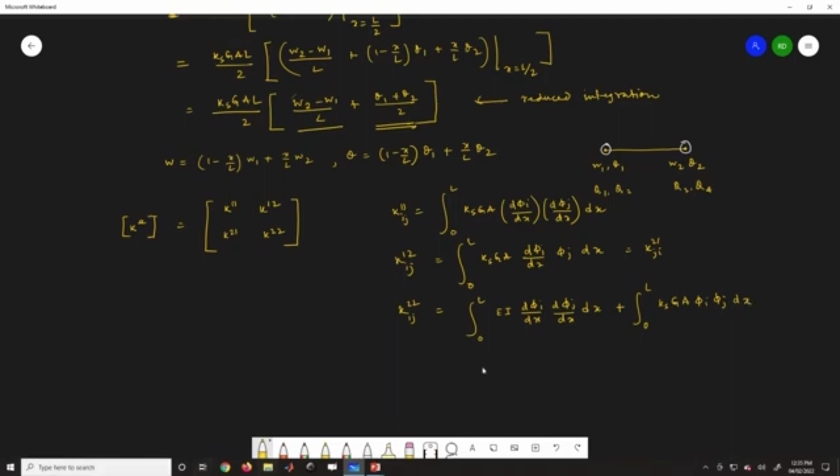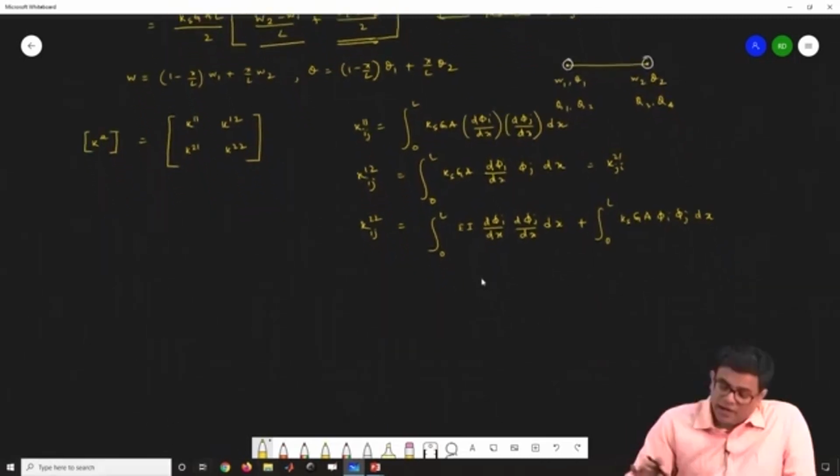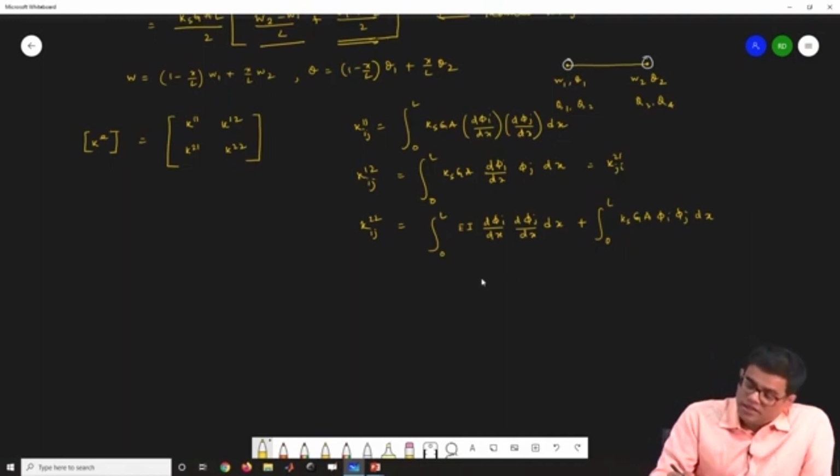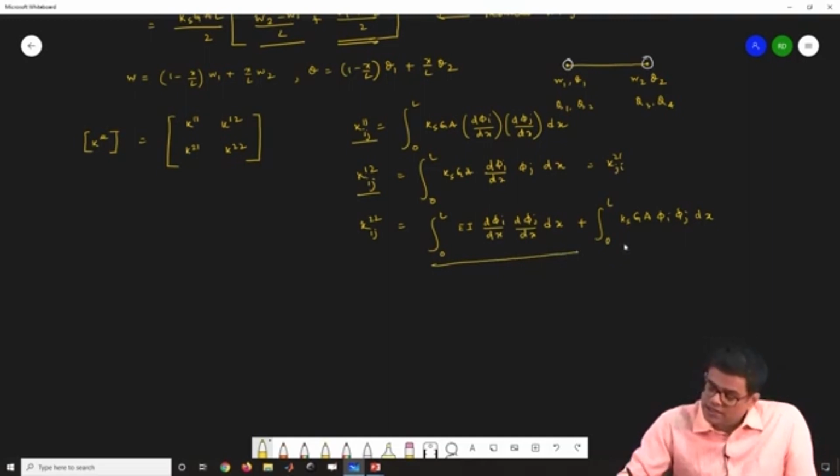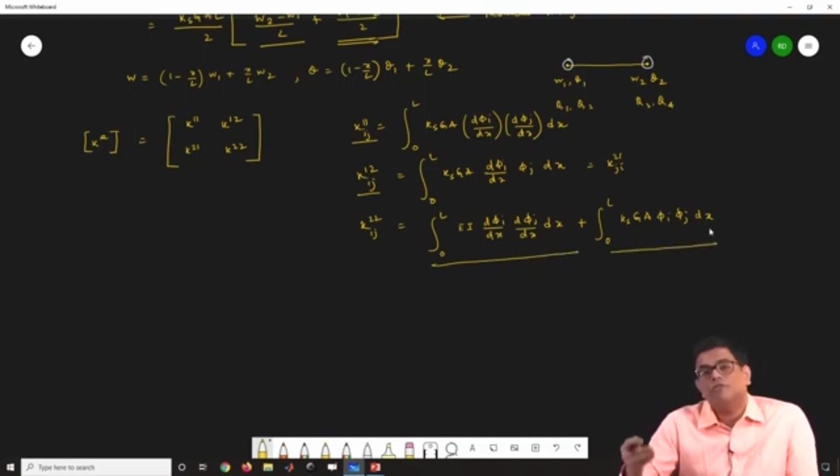Now this is my stiffness expressions. You see here if I want to use the reduced integration, this term and this term I can fully integrate. Only this term, which comes from the shear strain energy in the bending term, I will reduce. I will use the reduced integration.